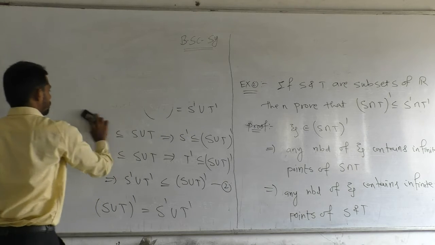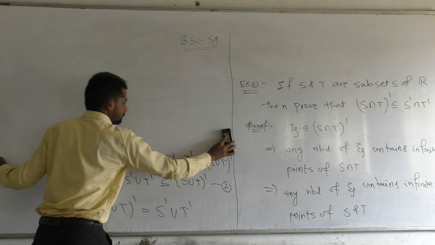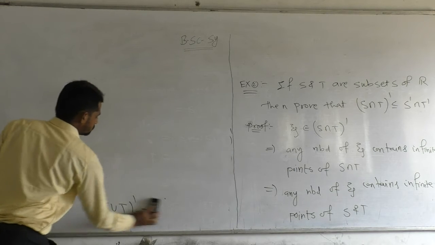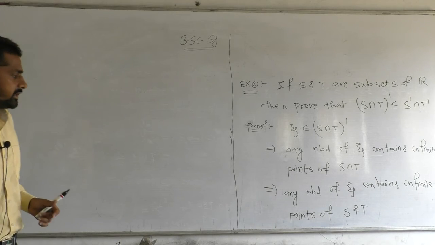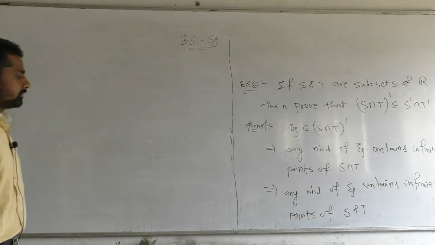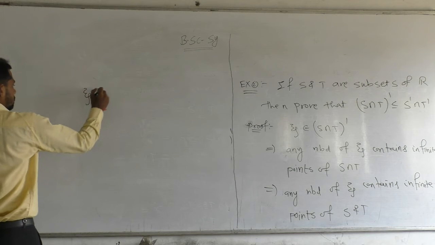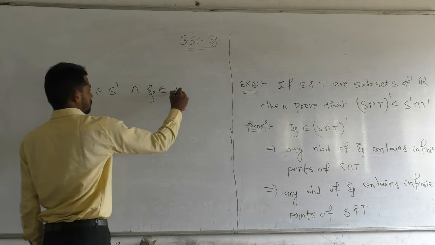Then we can write that zeta is a limit point of S and zeta is a limit point of T. So if any neighborhood of zeta contains infinite points of S and infinite points of T, this implies that zeta belongs to S dash and zeta belongs to T dash.